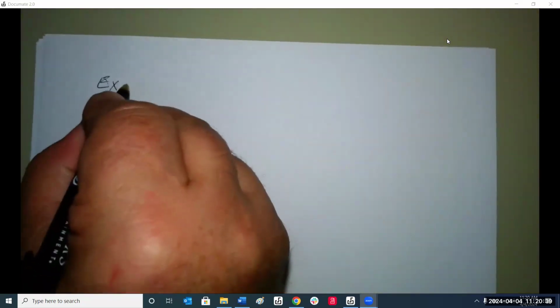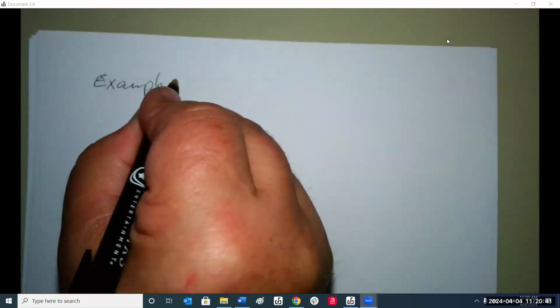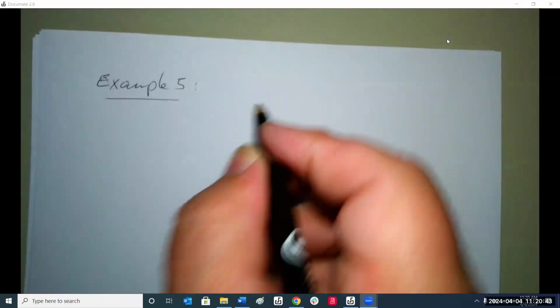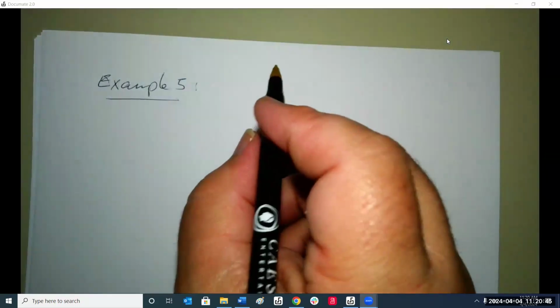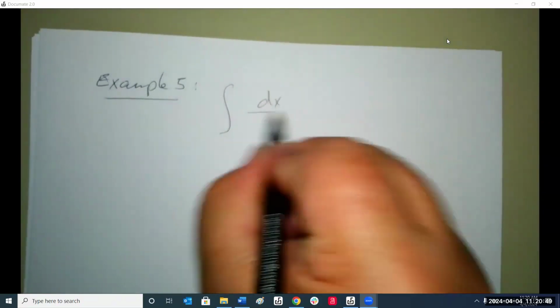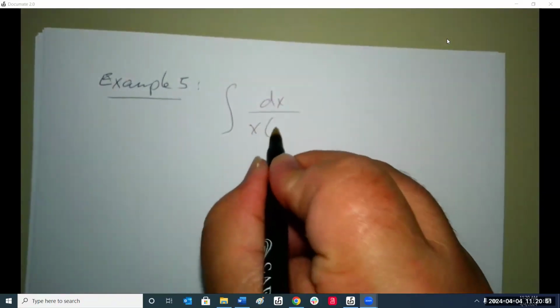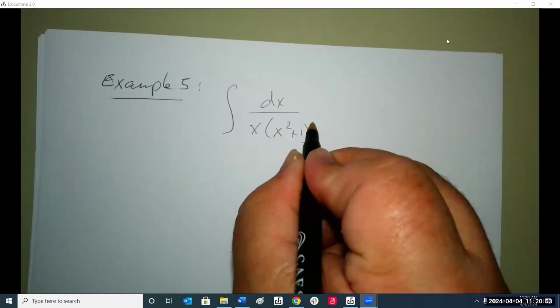Example 5. Use partial fractions to evaluate the integral of dx over x squared plus 1 squared.